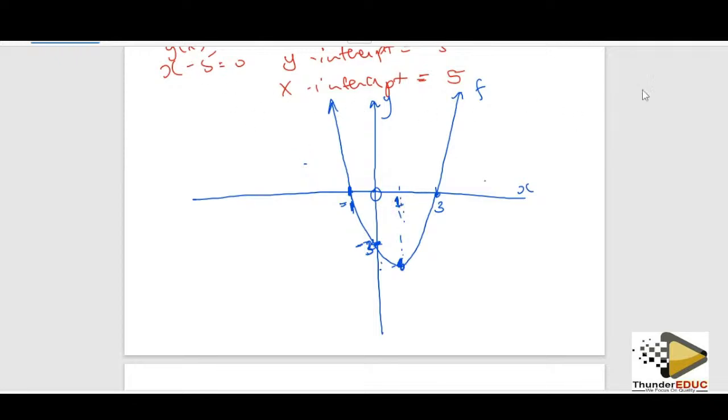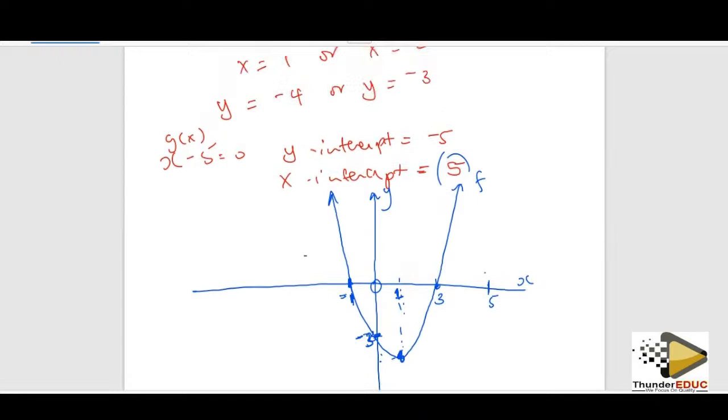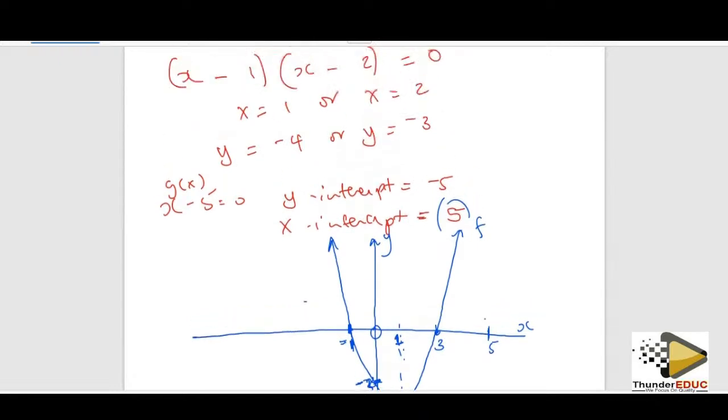Then we go to the straight line. With the straight line, we said the x-intercept is 5. 5 can be somewhere there. Does it make sense there? Is it making sense? So x1 and x2.